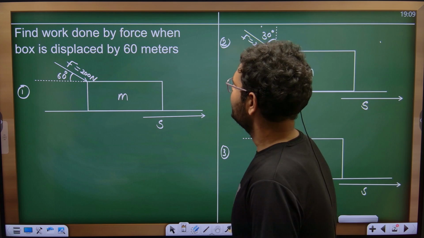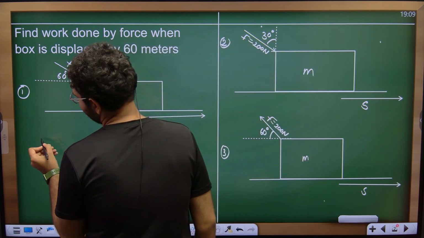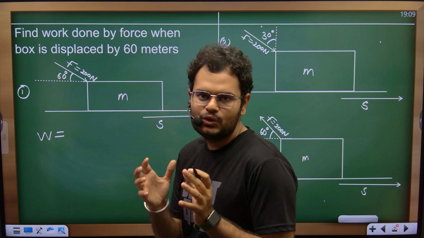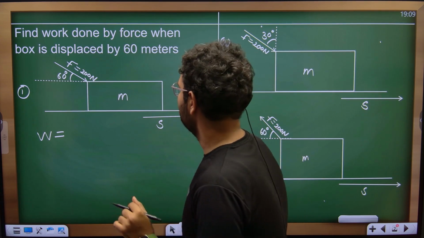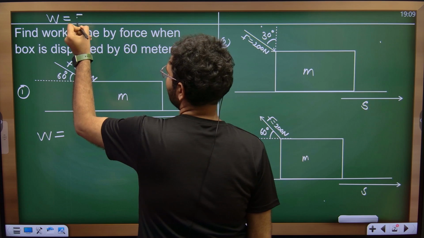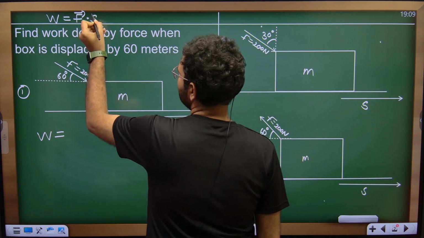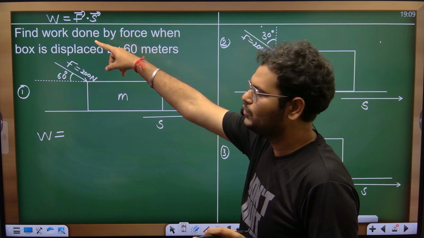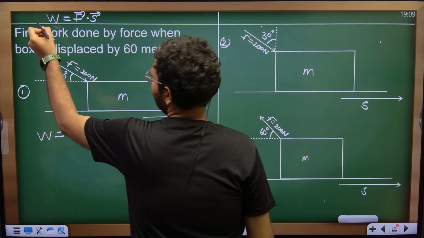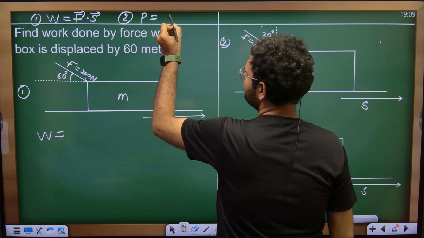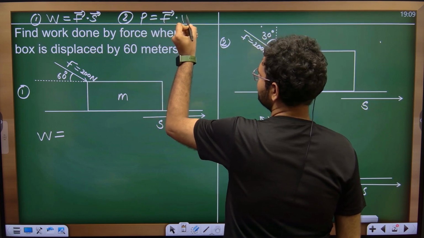Okay, find work done by force. First you tell me, what is the formula for work done? Now, if you don't know the formula of work done, I will tell you 2 things. For dot product, 2 places in class 11th we study dot product: number 1, to find work done, and number 2, to find power, that is force dot velocity.